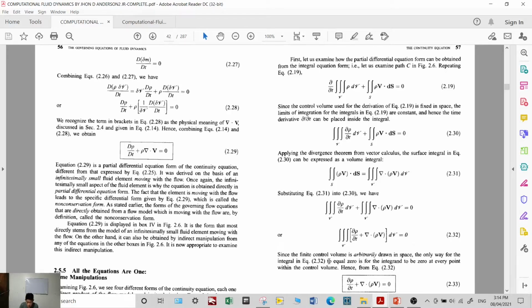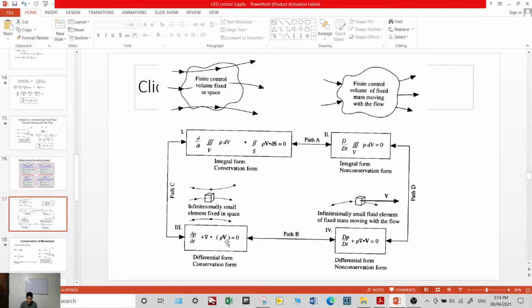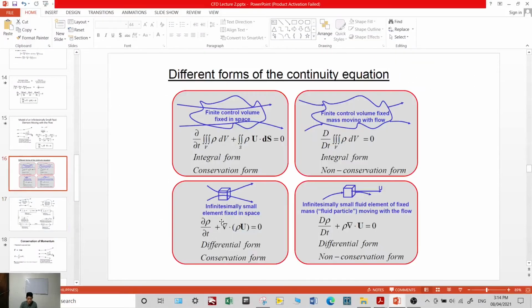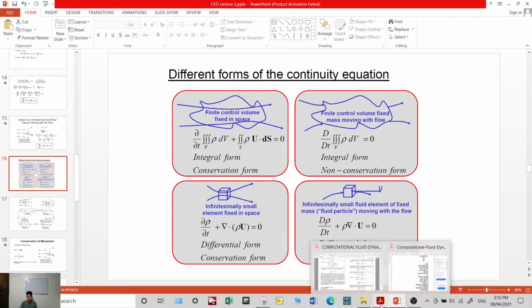And then, since the finite control volume is arbitrarily drawn in space, for this to be 0, the term within the integral must be equal to 0. So, partial of rho with respect to t plus del dot rho V is equal to 0. So this is the third model. Okay? And the rest is in the book.